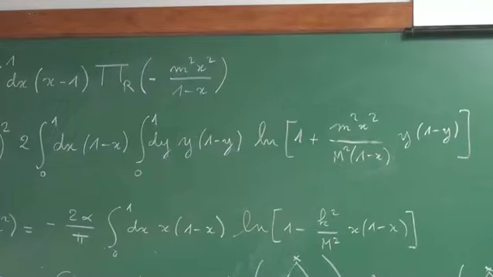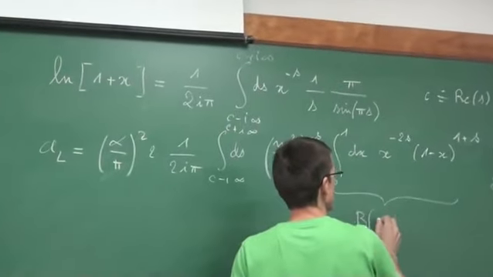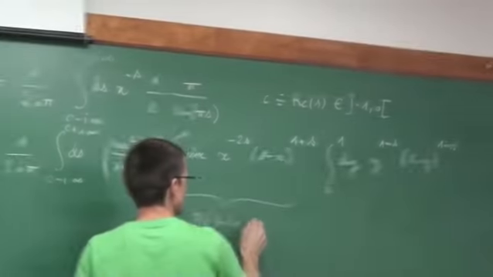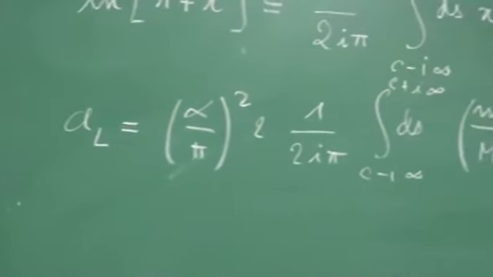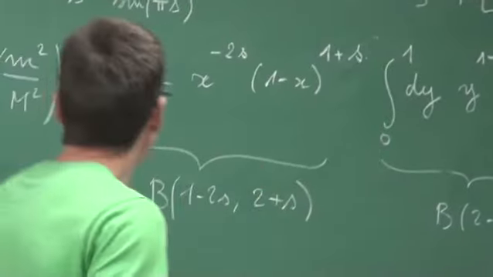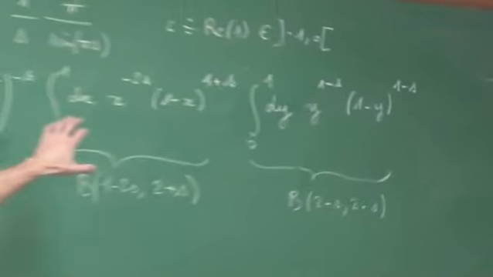So now this is nothing but the beta function of 1 minus 2s, 2 plus s. This is the beta function of 2 minus s, 2 minus s. And the beta function is written in terms of gamma functions.